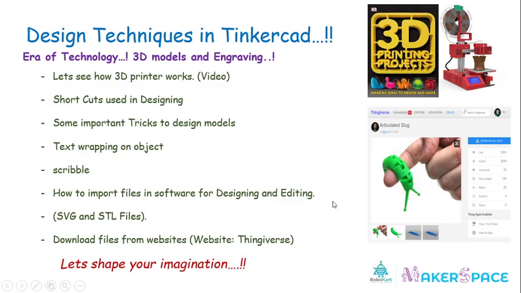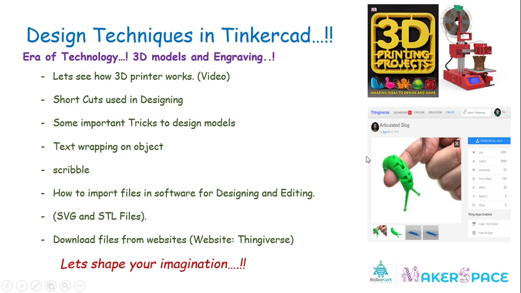Now let's have a look at what we are learning today. These are some design techniques which we want to learn today. First we will see one video in which you can see how 3D printing is done and how engraving is done. Then we will learn shortcuts used in designing, and then some important tricks on designing models.